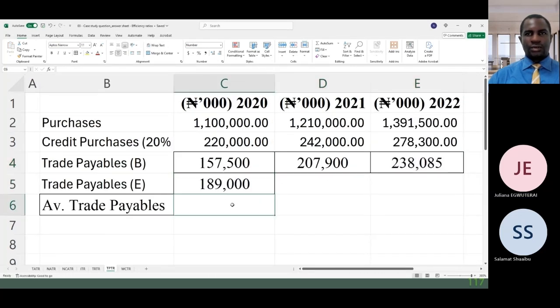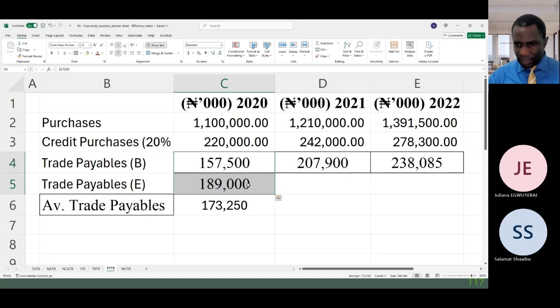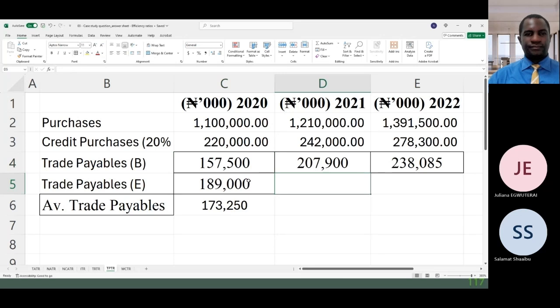Okay, so let me have the average, this divided by 2. I have the average as 1,732.50. So let me validate it: 3,465,500 divided by 2. Very correct.